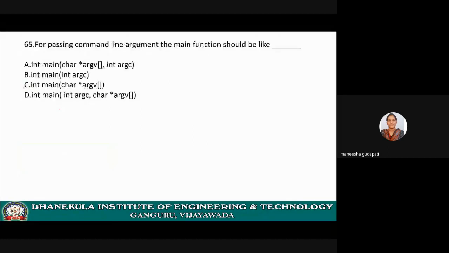Next, I already discussed this type of question in earlier classes. Please look at the question and tell me which option. For passing command line arguments, the main function should be like: either int main with an array pointer and one integer variable, or an integer variable only, or only an array pointer, or first an integer variable and then a pointer to array.